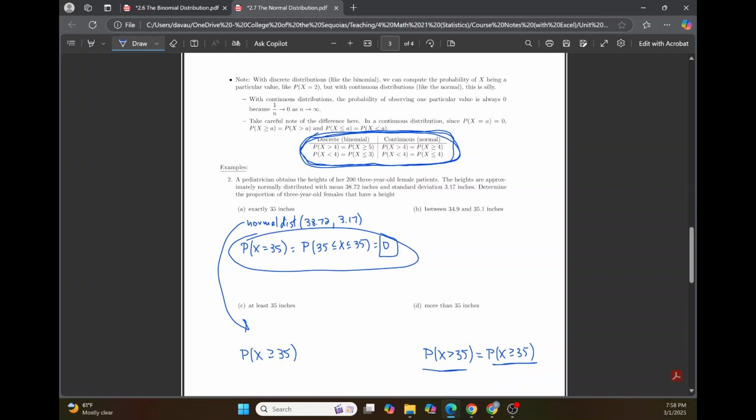Like, I think it's easier to do this way. So for a discrete distribution, the probability that x is greater than 4 is equal to the probability x is greater than or equal to 5. But for a normal distribution, the probability x is greater than 4 is the same thing as the probability that x is greater than or equal to 4. And we have similar statements for less than or equal to.